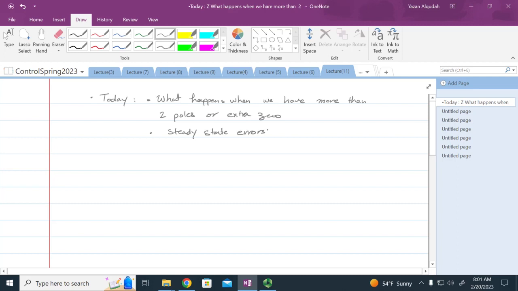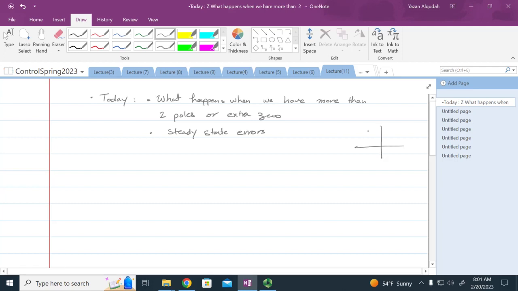So in the previous classes, we looked at the second order system, and we understood the classification of the response of the system: underdamped, overdamped, critically damped. We're familiar with knowing, based on the location of the poles of the system, we are able to determine all the characteristics of the response of the system. Everybody familiar?